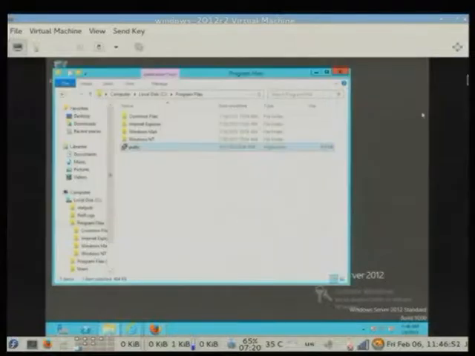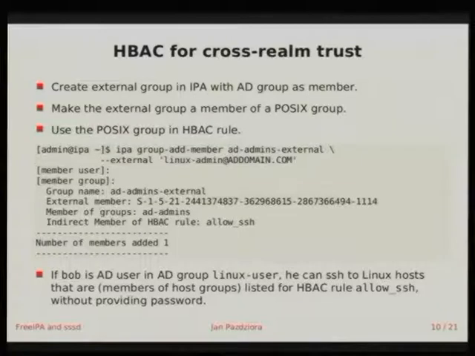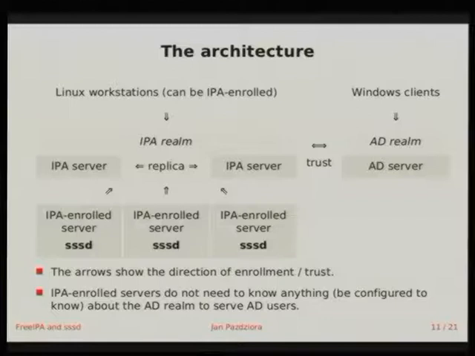So we've seen that there is certain benefit for having FreeIPA, even if you don't intend to have those users there, because they might be coming from some other place. So here's a diagram, and you can stare at it for a while and think about what it means.